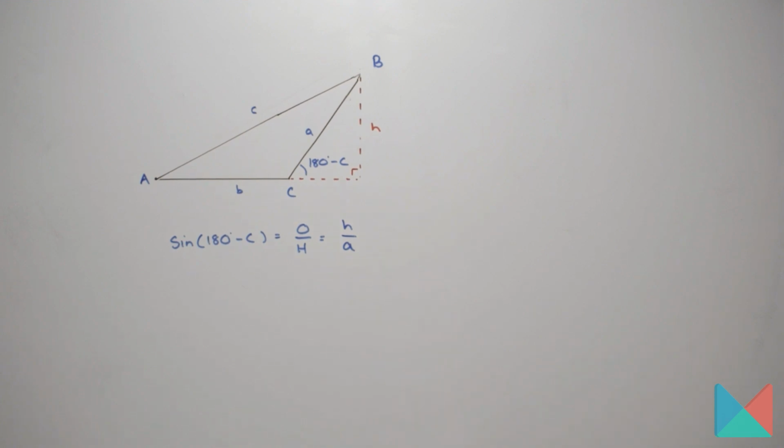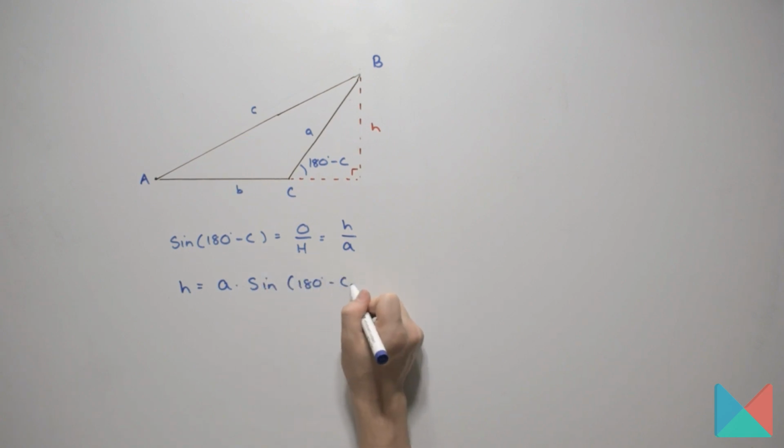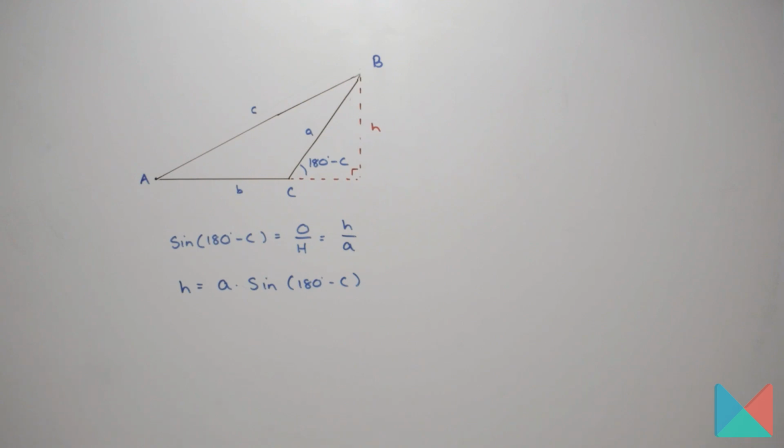So if we solve for h, we get h equals a times sine of our angle 180 degrees take away C. We can actually simplify this expression a bit more, where sine of 180 take away C can simplify, but we're going to show this using the unit circle.